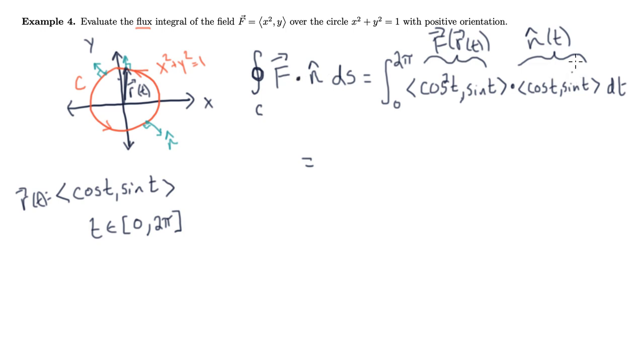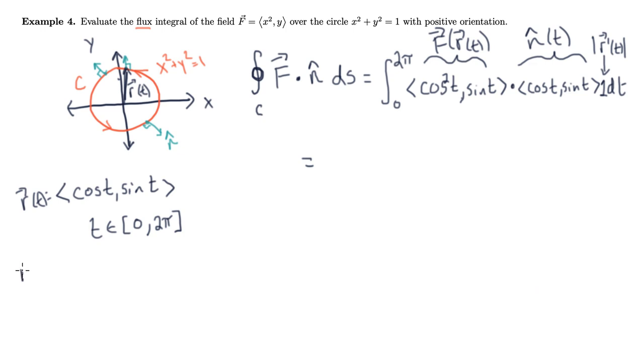And so the other thing that we normally have here that I didn't include is we would really need to replace ds with the magnitude of the derivative. But notice I didn't write anything, or if you want, you can think I'm multiplying by 1 there.